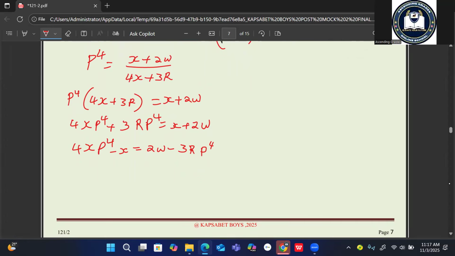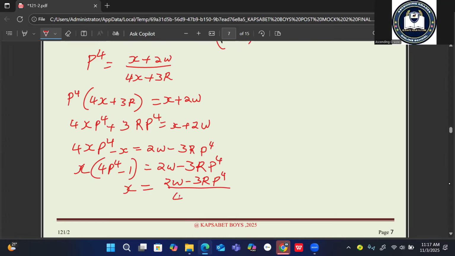So can factor out x, so x into 4 p power 4 minus 1 is equal to 2w minus 3r p power 4. So we can divide both sides by 4p power 4 minus 1. So our x will be equal to 2w minus 3r p power 4 out of 4p power 4 minus 1. And that is the value of x.